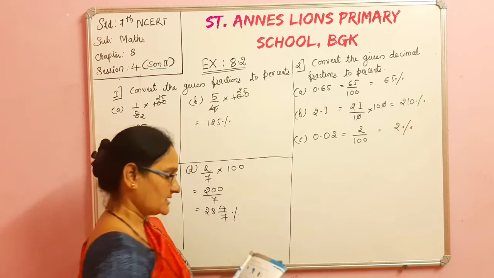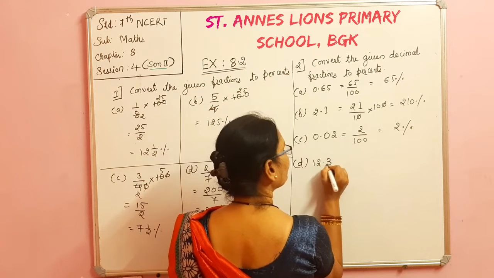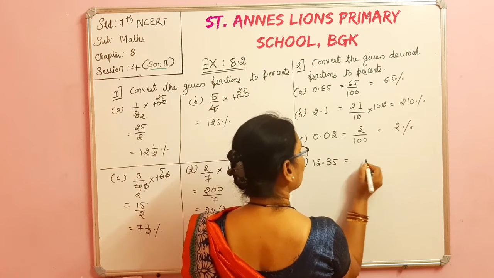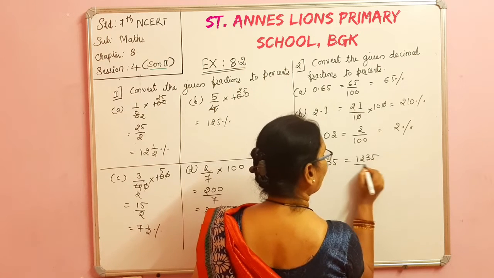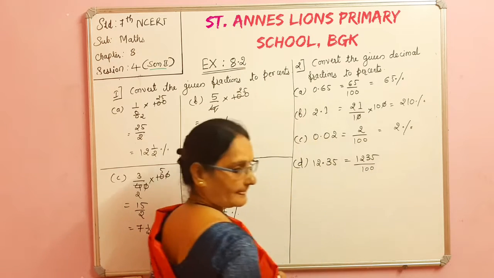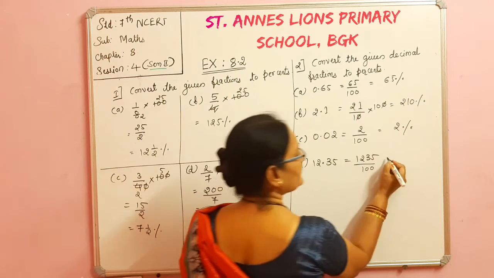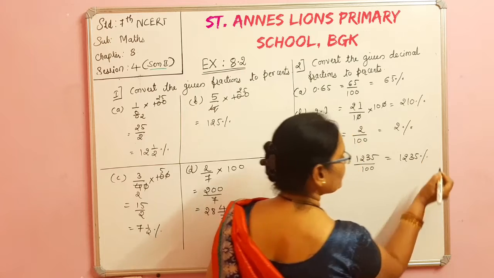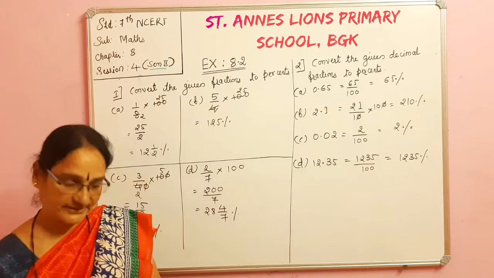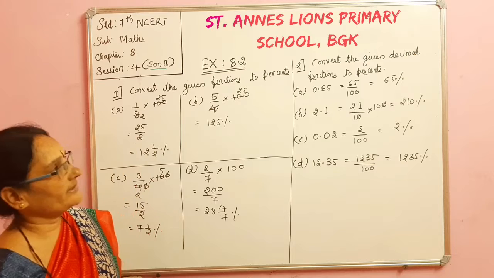Please give attention. Then the next one is 12.35, which is equal to 1235 by 100, because up to the hundredths place there will be decimal, so 100. This is nothing but 1235%. Very easy to write all these things. This is the second main.